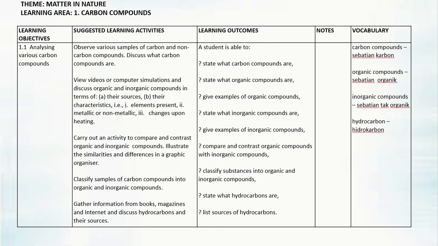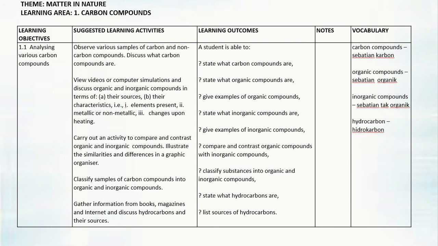The learning activity suggested is to observe various samples of carbon and non-carbon compound. You can also view videos or computer simulation and discuss, and also carry out activity to compare and contrast organic and inorganic compound. You can illustrate the similarities and differences in a graphic organizer.